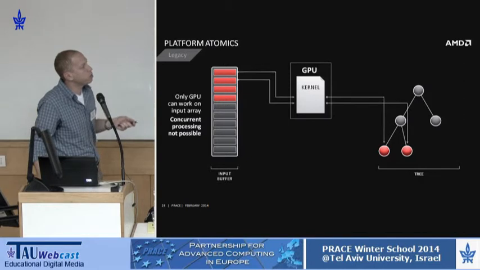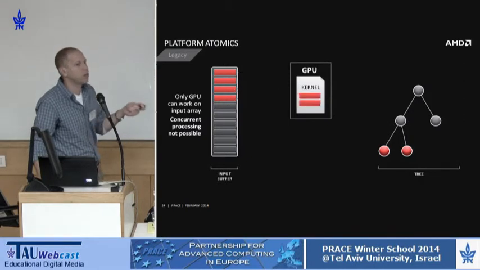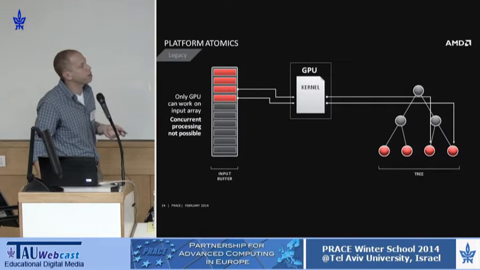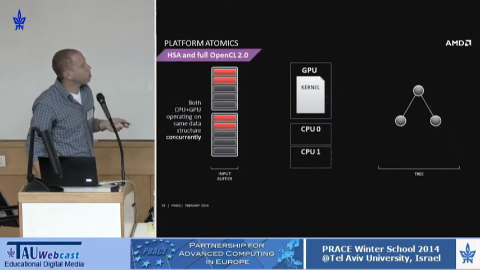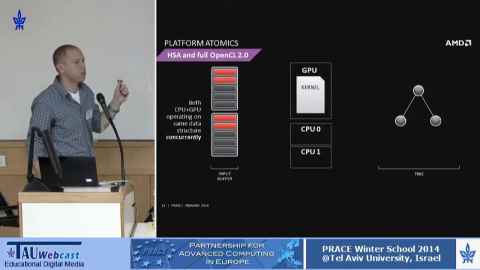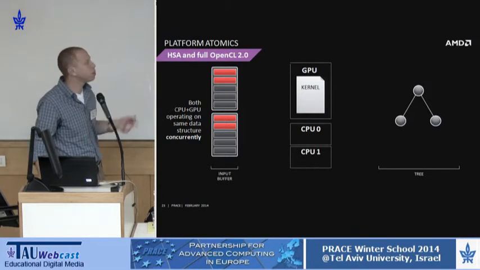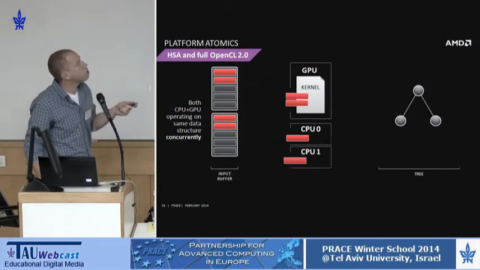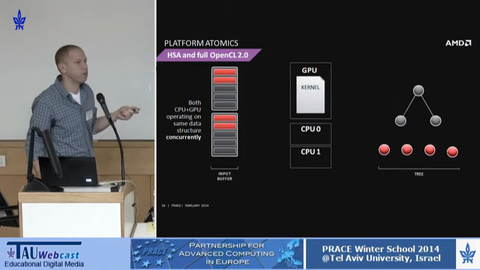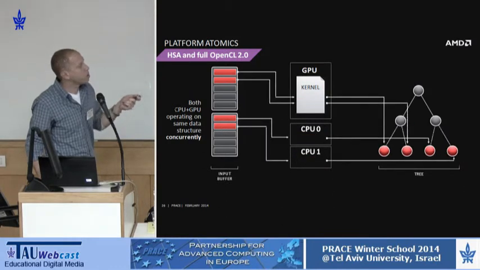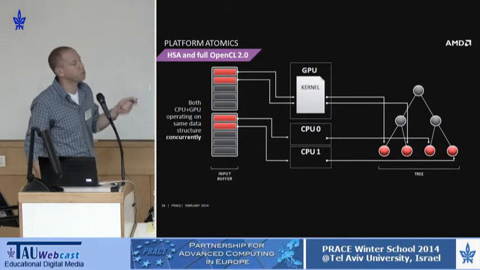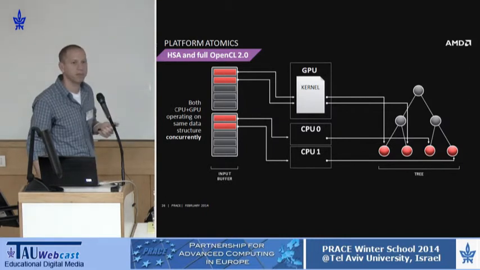We'll have some input for the GPU, and the GPU has internal atomic operations. It can, in parallel, build some kind of tree. Once we have atomic operations that are coherent between CPU and GPU, and we have a unified memory address, we can all build the tree in parallel. The CPUs can build several nodes, and the GPU can build several nodes as well.